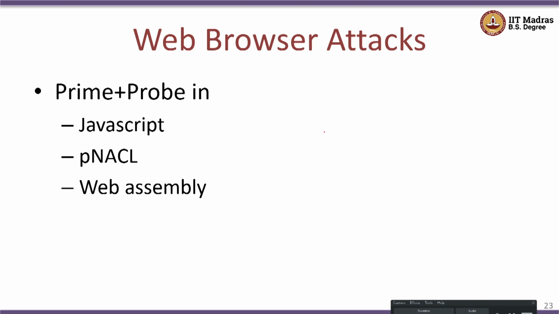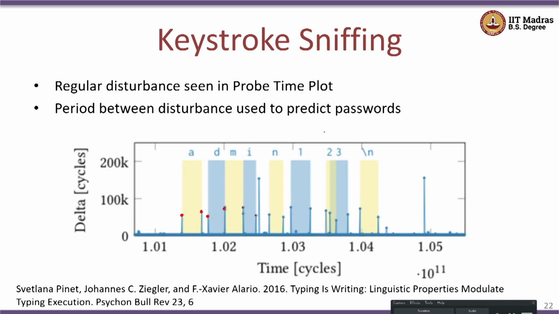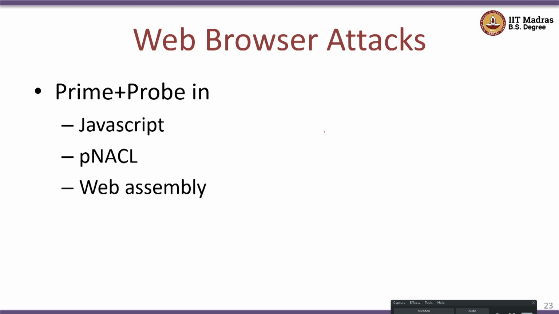So such kind of microarchitectural attacks, the prime and probe attack in particular, have been used for stealing cryptographic keys, for keystroke sniffing to identify what keys have been pressed in another application.